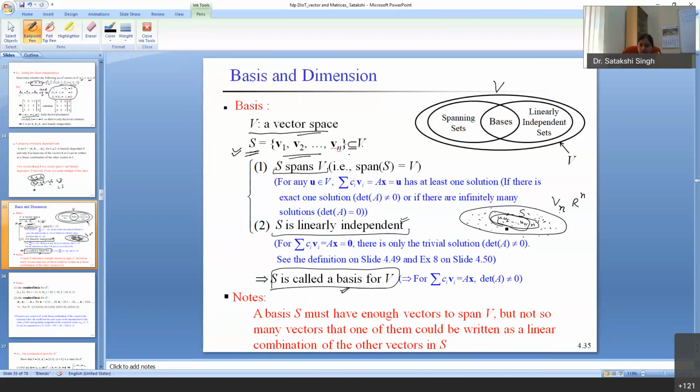So if the given set is linearly independent and also any of the vectors we can get by finding the linear combination of the vectors inside S, then S will be called the basis of the vector space V.